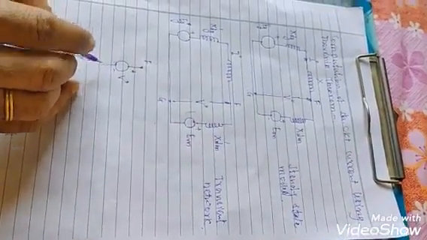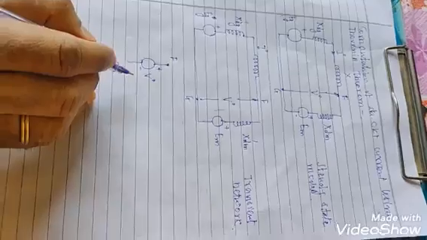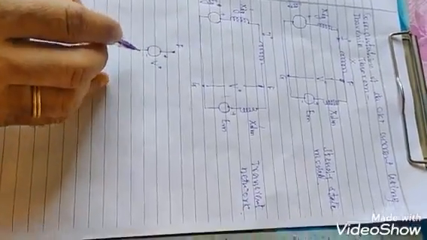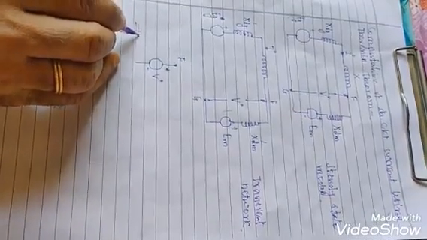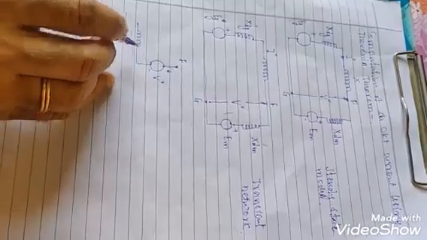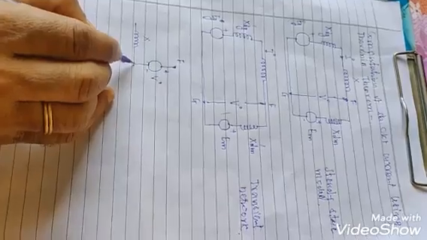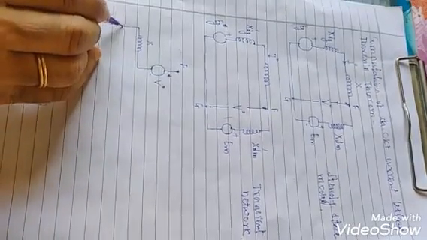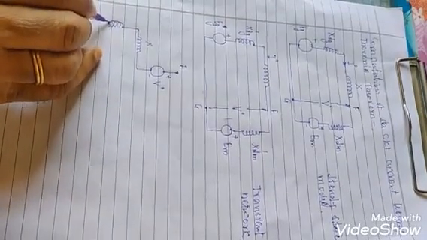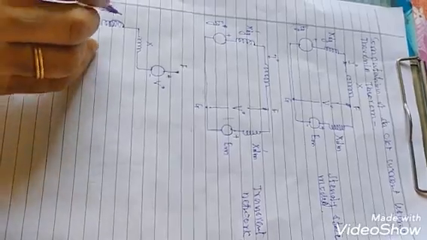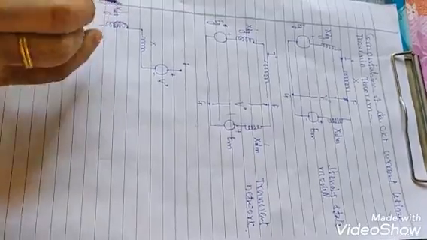V0, pre-fault voltage V0, in series with the Thevenin passive circuit. So this is the transmission line reactance X in series with transient reactance of generator XD dash.